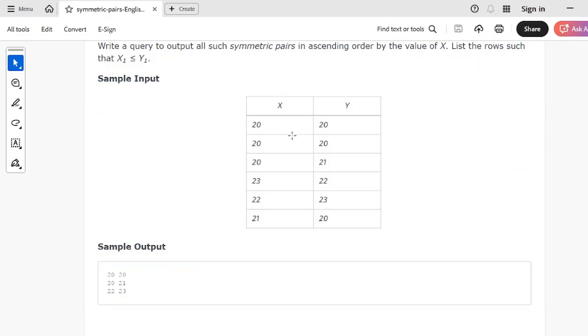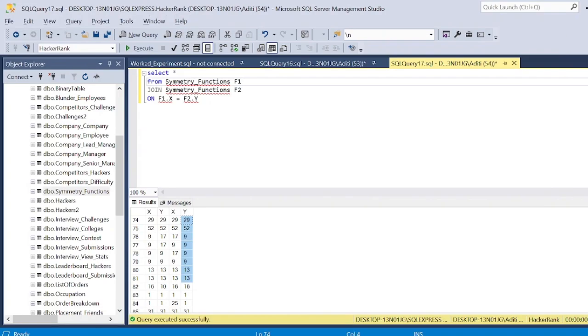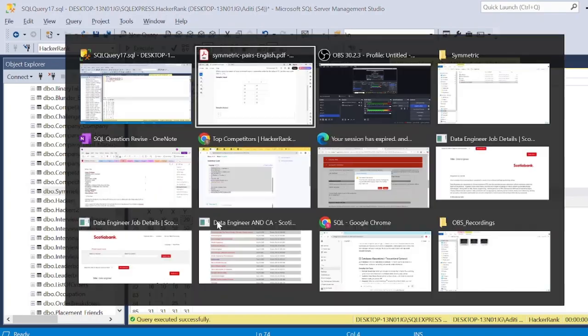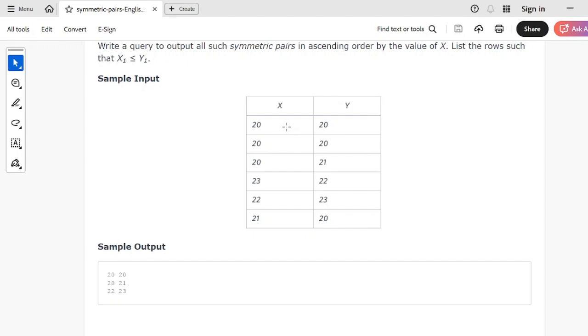Basically we are joining x with y, and how it's going to help is, consider this: 20 will match with 20. So the first row will contain 20, 20, 20, all four in a single line, you get four 20s.